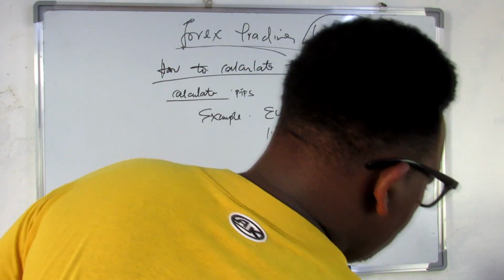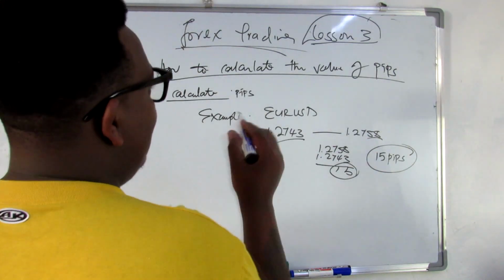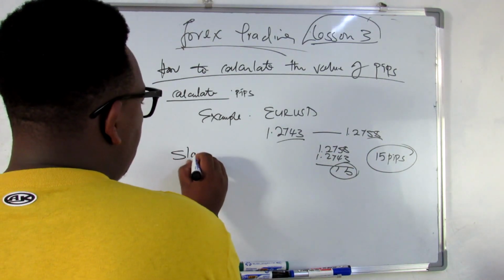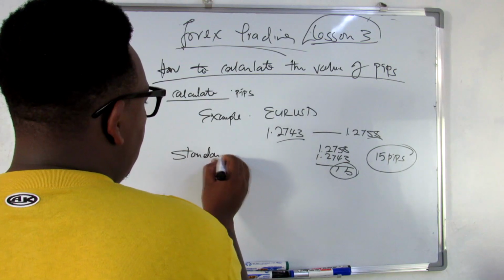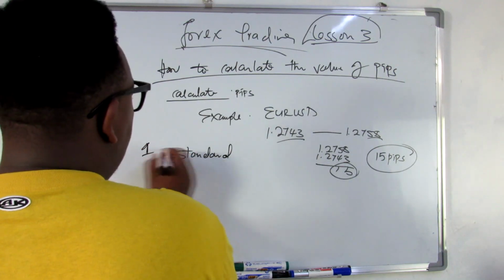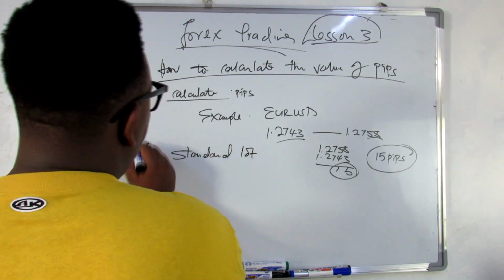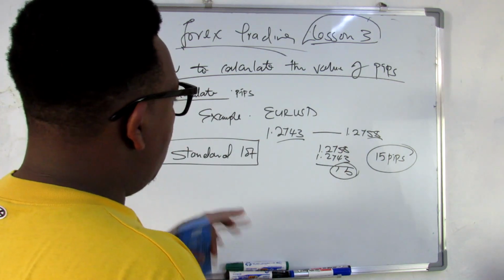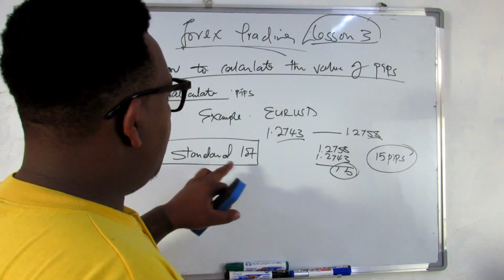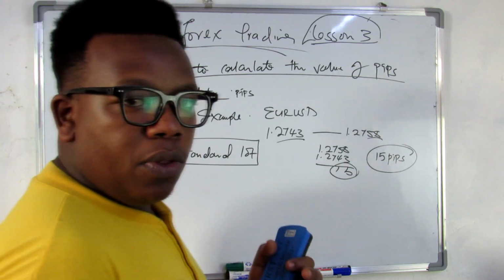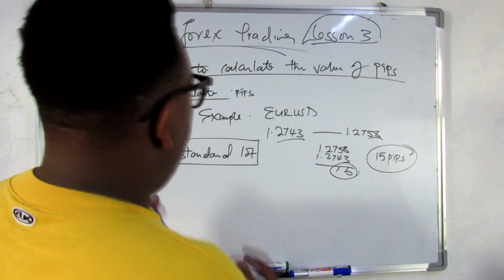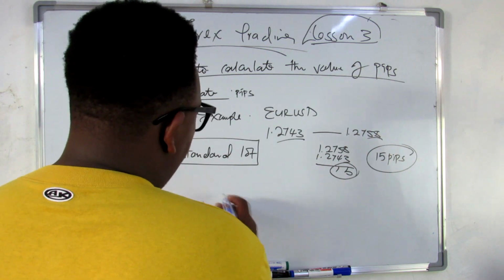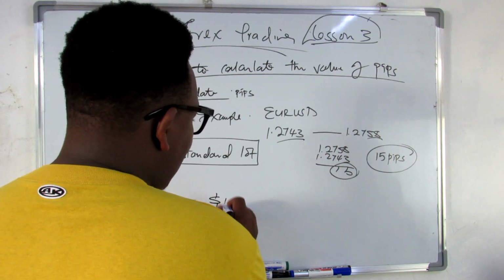What we need to do, for instance, we want to trade a standard lot. So for example, we want to open one standard lot. For the case of the standard lot, the value of pips from the table that you have just drawn is usually $10.